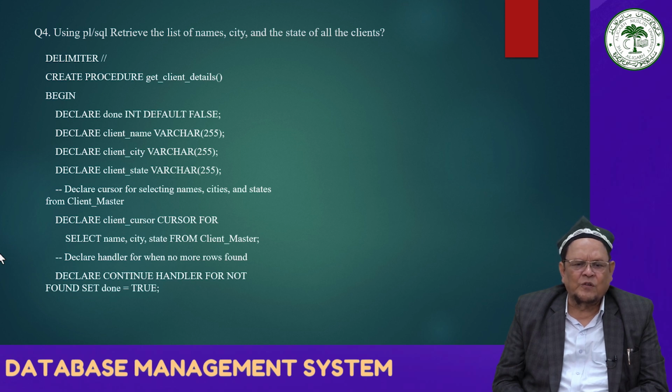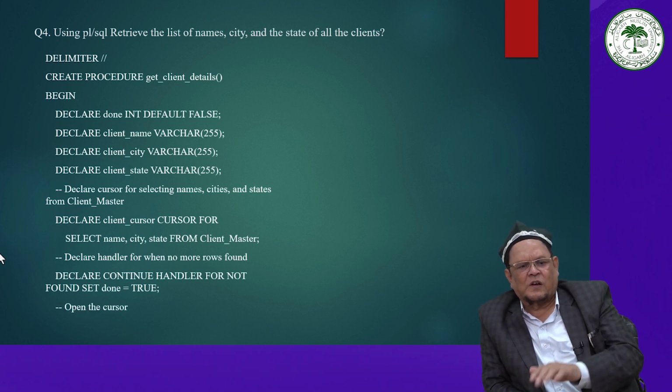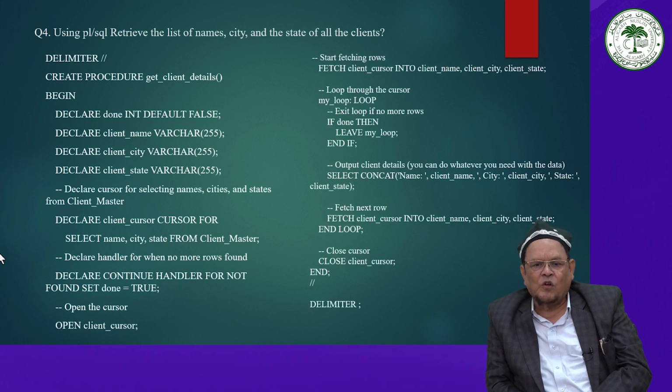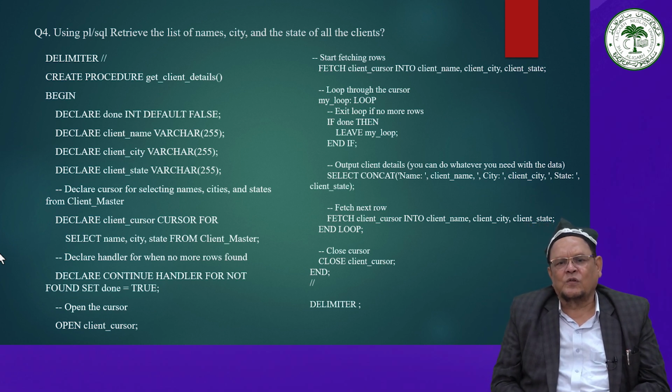Declare continue handler for not found, set done = true. Then you have to open the cursor. Till now you have declared, then open the cursor. First of all it will start fetching the rows. Fetch client_cursor into client_name, client_city, client_state.